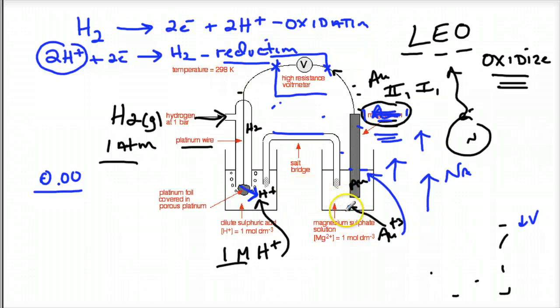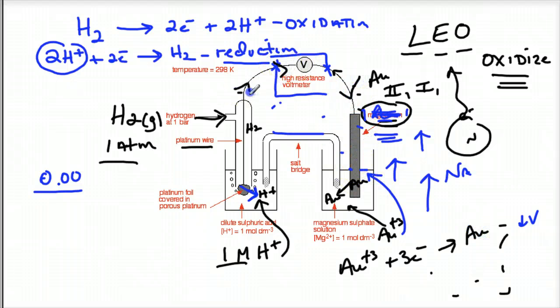So what happens here is this Au+3 pulls electrons, right? Au+3 gains 3 electrons to make pure gold here, and it pulls electrons this way. Now, if it's pulling electrons, it's forcing something to what? Oxidize. The hydrogen gas that was sitting in here now can oxidize.